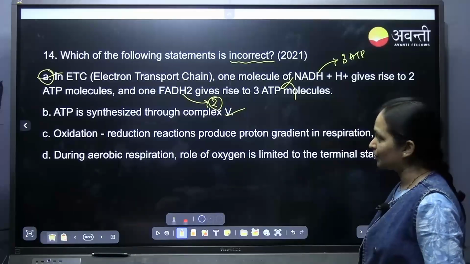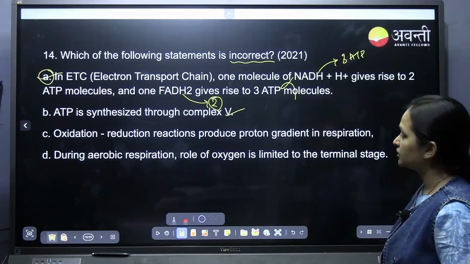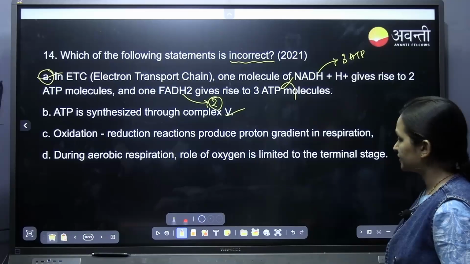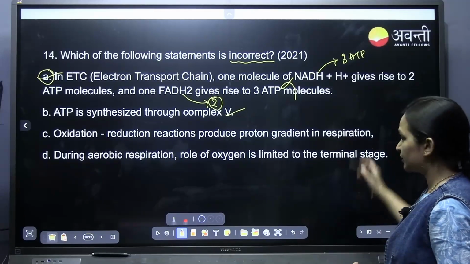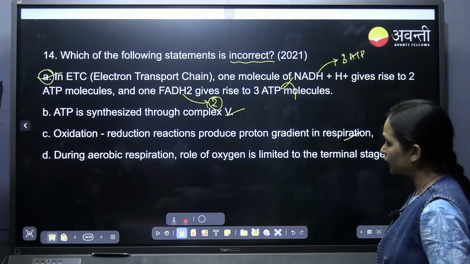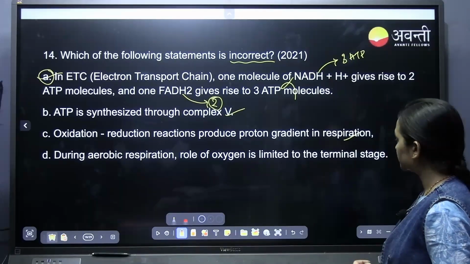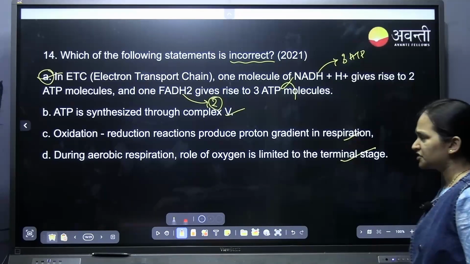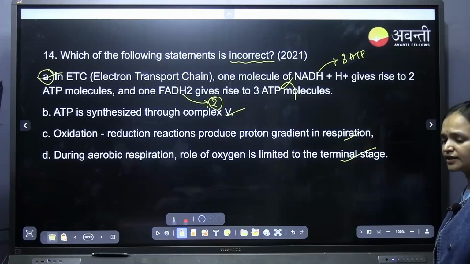ATP synthesized through complex 5, yes. Oxidation reduction reactions produce a proton gradient in respiration, yes. During aerobic respiration, the role of oxygen is limited to the terminal stage, yes. Oxygen is a terminal electron acceptor.